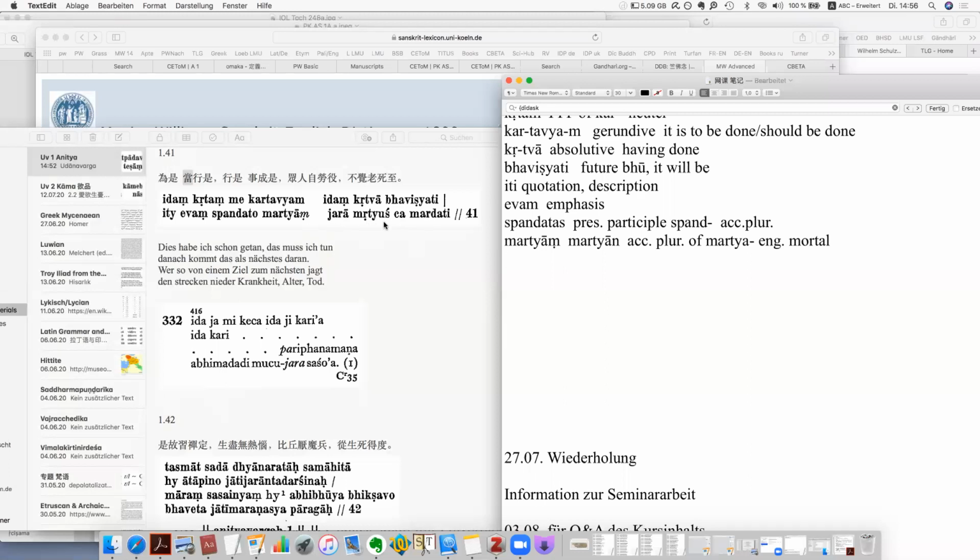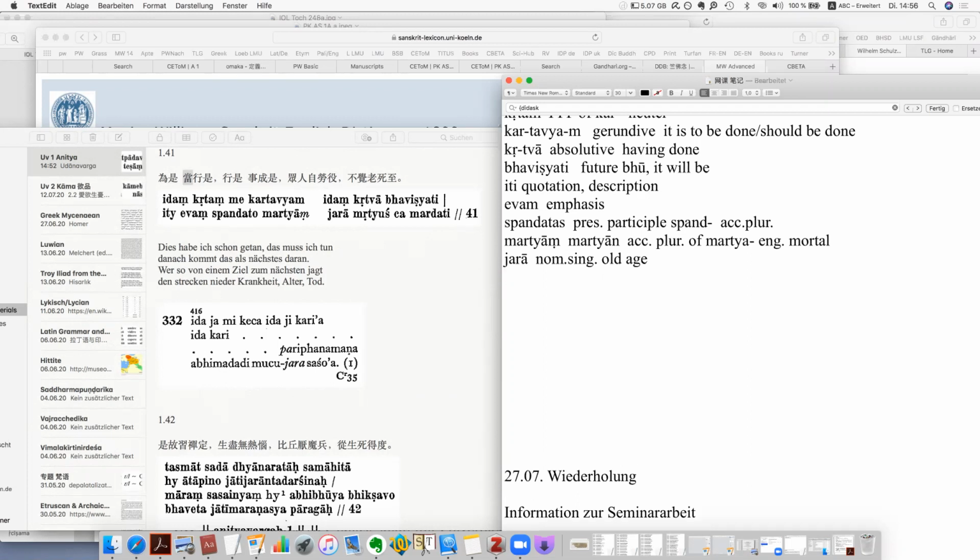It's called Jada Britu Cha Mardati. Okay, so Jada is old age. Jada is actually nominative singular, old age. It's feminine. And then Britu also nominative singular.